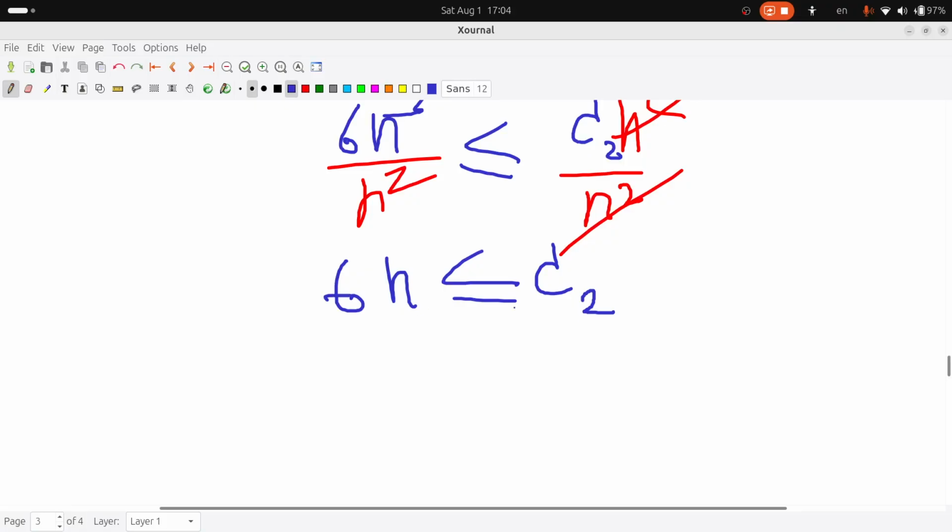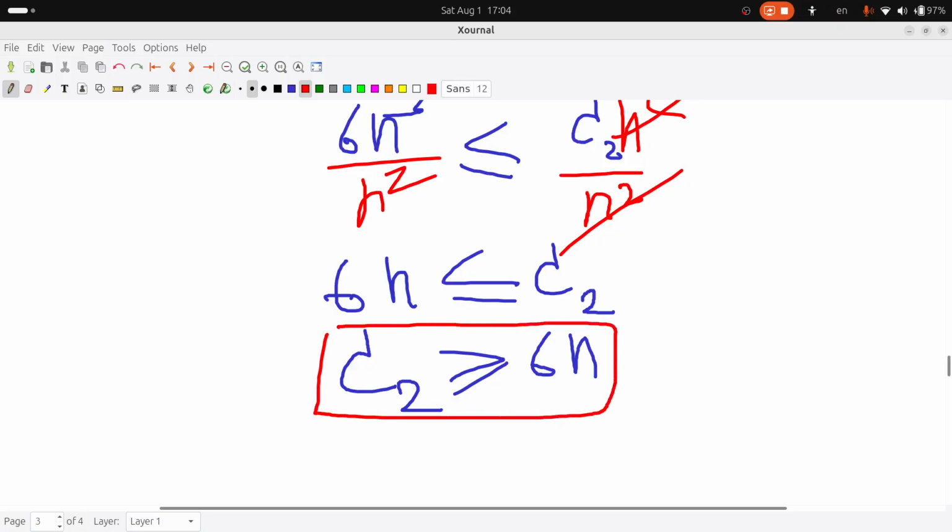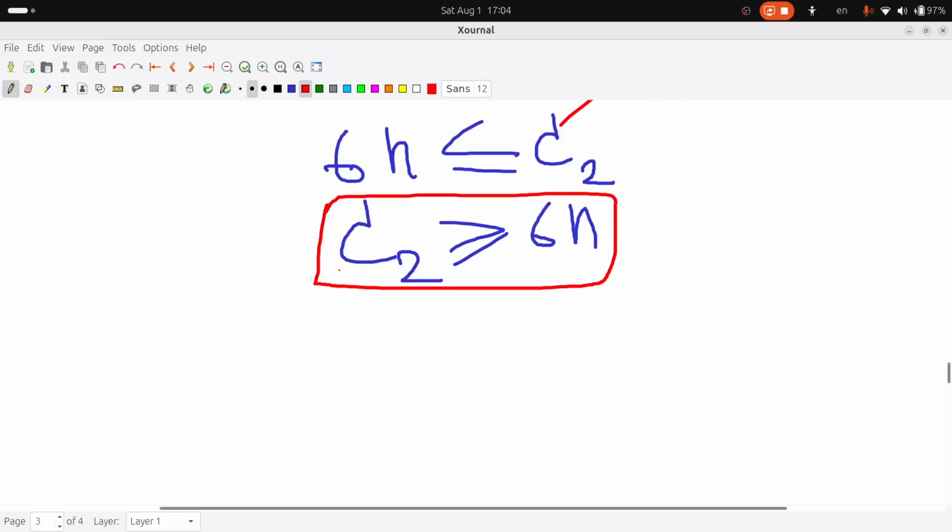I swapped the sides because I want to find some constant c2, and it looks much easier. So now we got this inequality. We say that the constant C2 must be greater than or equal to 6n. How can it be possible?